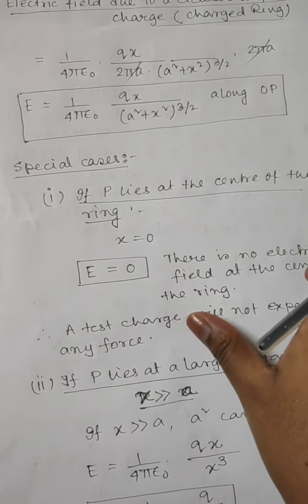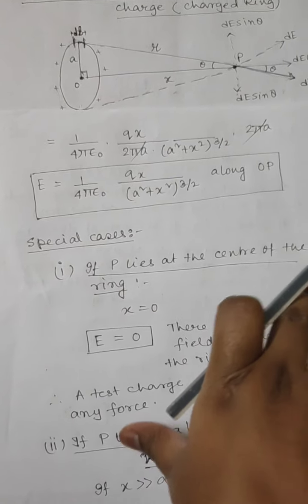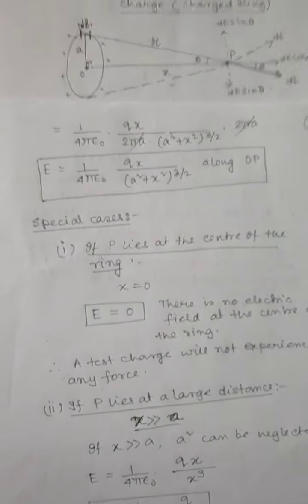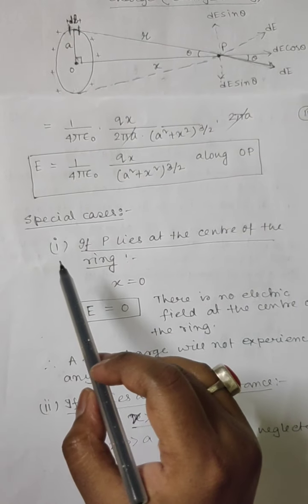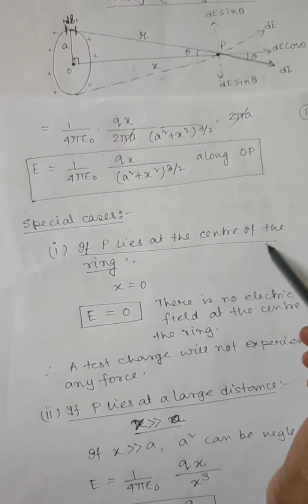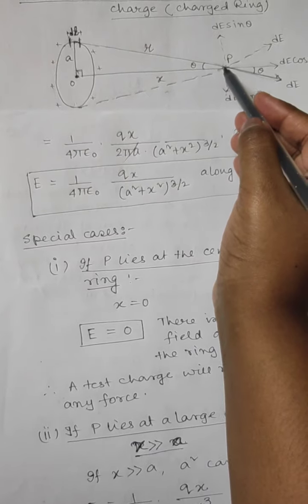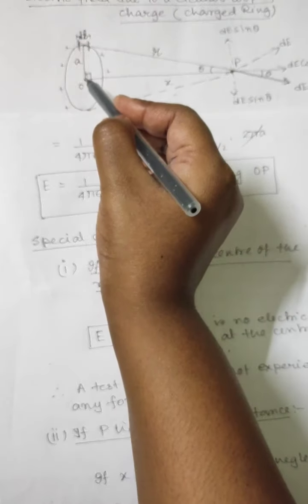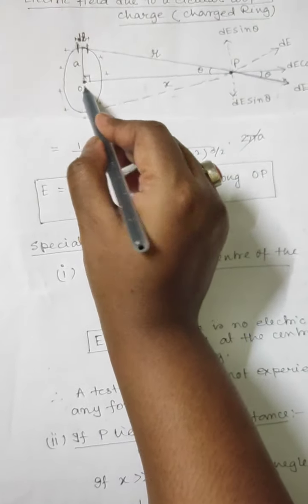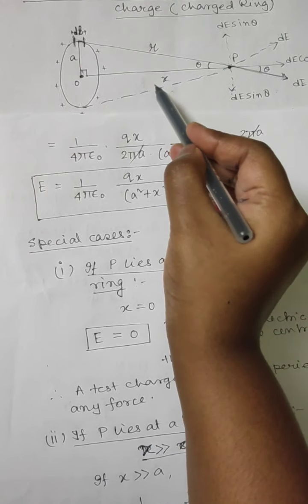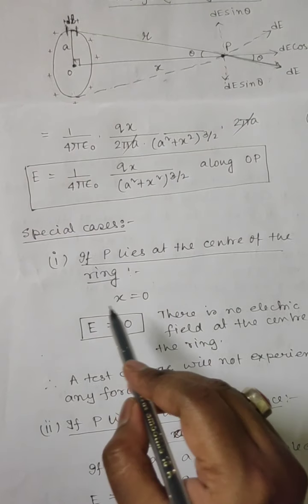Okay. Now let's see some special cases. So we will keep the diagram for reference again. Special case number 1, if P lies at the center of the ring. Now we are supposing that this point P is just at the center of the ring. If P is at the center of the ring, that means this value x becomes 0. So x equals 0.